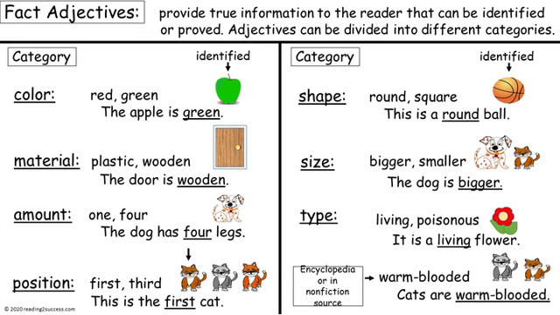Another category is shape. This is a round ball. Then size, the dog is bigger. Then type, it is a living flower, which is again identifiable. Then we also have warm-blooded, and that would be one that is proven through encyclopedia or a nonfiction source.